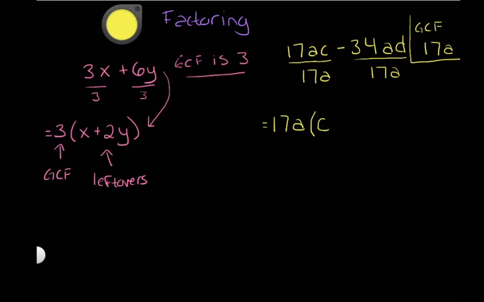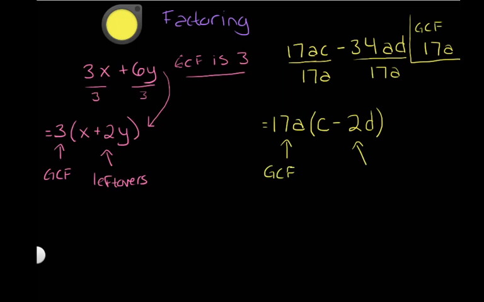Now the next term, negative 34 divided by 17 is going to be negative 2. The two A's are going to cancel out, so I'm just left with D. And that's it, right? Again, 17A was my greatest common factor.